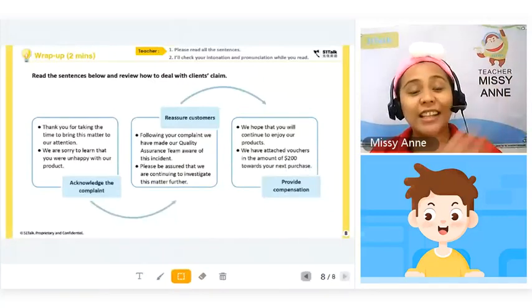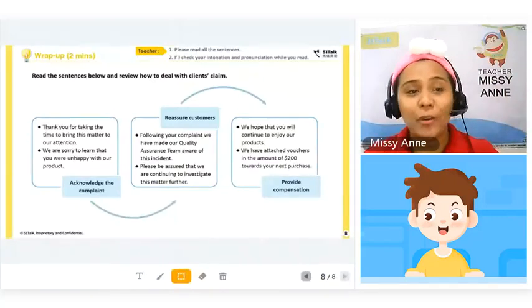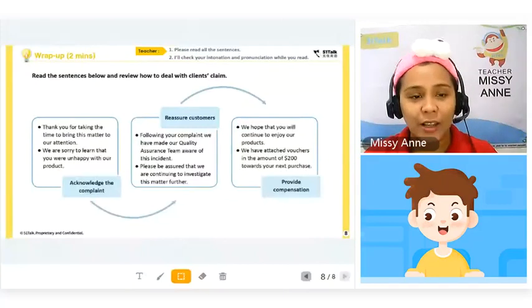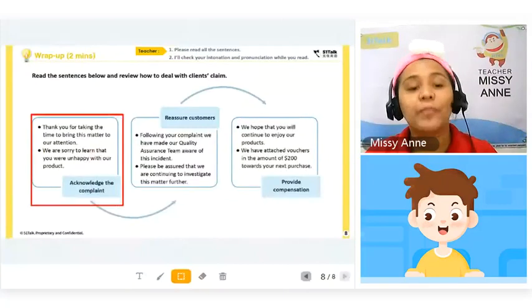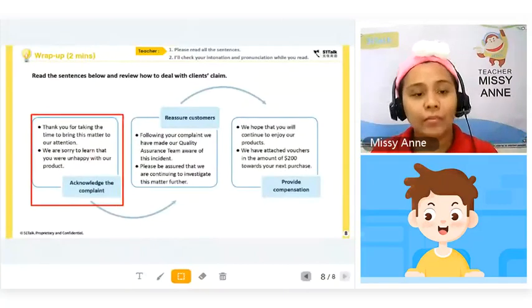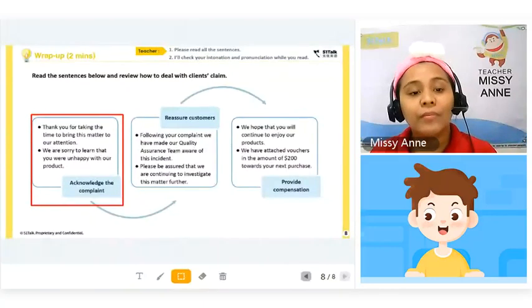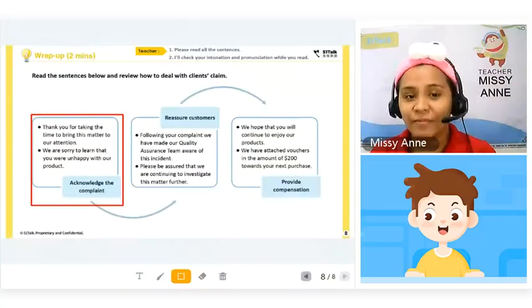Let's read the sentences below, Fiona, and review how to deal with client's claim. Acknowledge the complaint: Thank you for taking this time to bring this matter to our attention. We're sorry to learn that you are unhappy with our product.